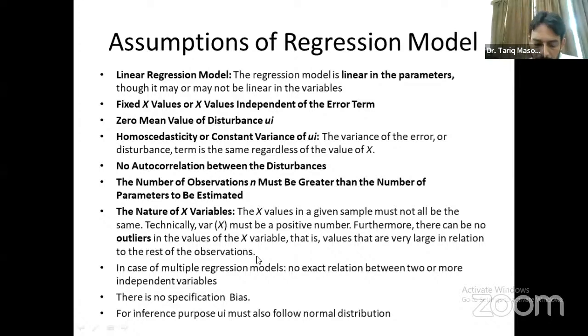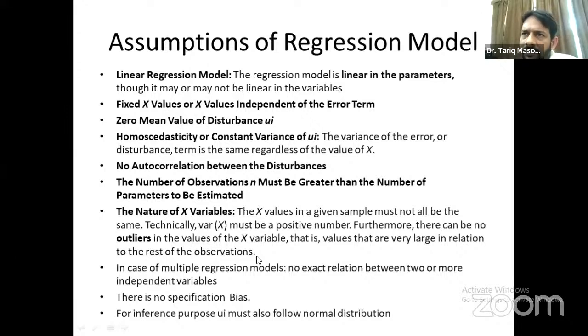Technically, when you add two independent variables, x1 and x2, on the basis of theory, we know that there is an effect of income on consumption, but there is also an effect of wealth on consumption. So in the whole consumption theory framework, there are at least two different variables which have their impact on consumption, income and wealth.